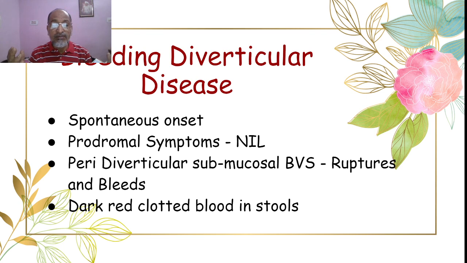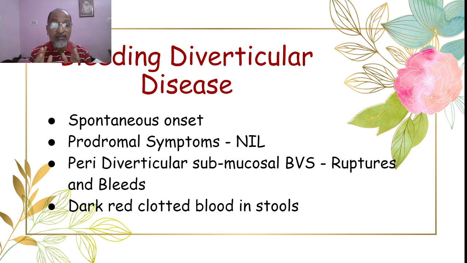All of a sudden, in the morning, he finds that the stool has dark red clotted blood, and he is frightened. He visits the surgeon, and all the investigations are done to rule out stricture and carcinoma, and to check for bleeding varices or bleeding piles or something.